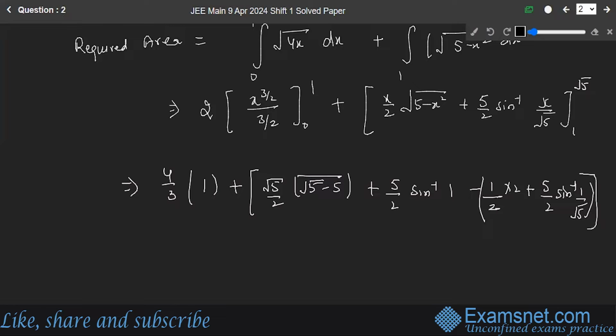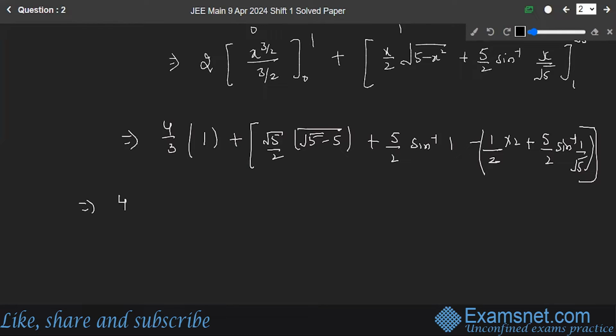Let's open it up. 4 by 3 over here, and this will be plus 0, and 5 by 2 sine inverse 1, which is pi by 2, and this will cancel. This will be 5 by 2, first of all, minus 1, minus 5 by 2 sine inverse 1 upon root 5, right?